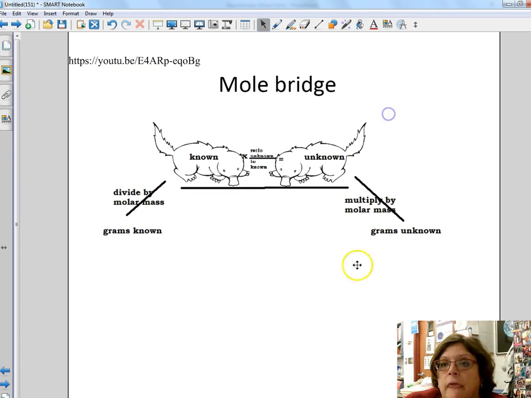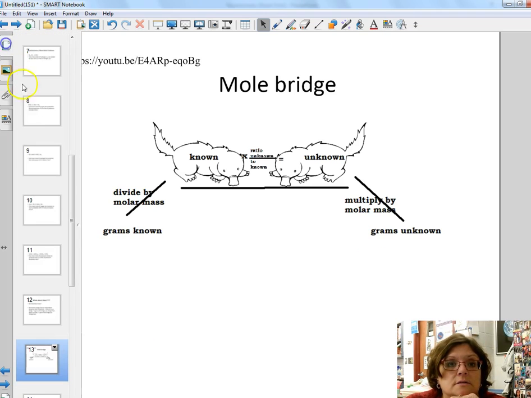If you have a known amount of grams, the first thing you're going to do is divide and change that to the known amount of moles. So you divide by its molar mass. Then we go through the ratio, and then you take that unknown amount that you now have, that's a moles, and change it back to grams. So let's practice.